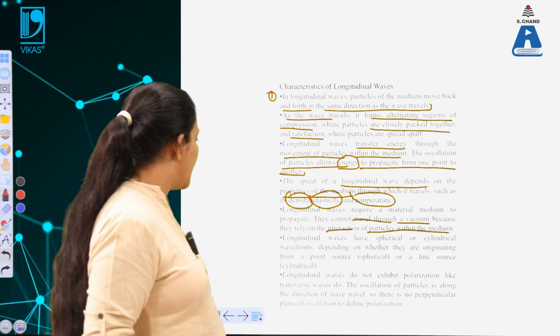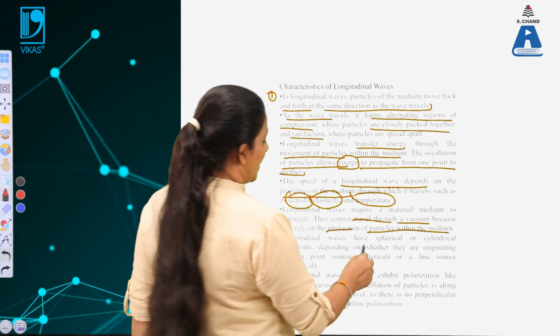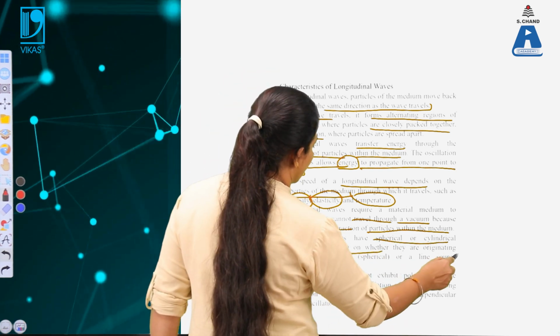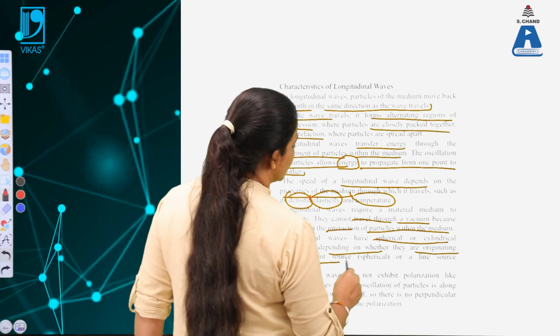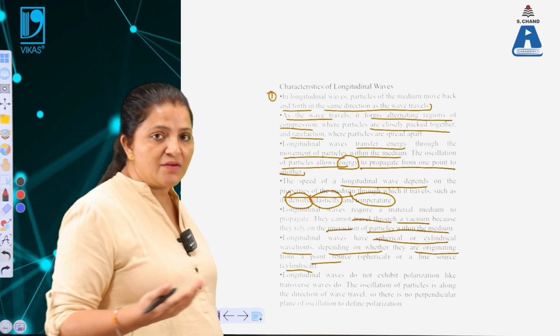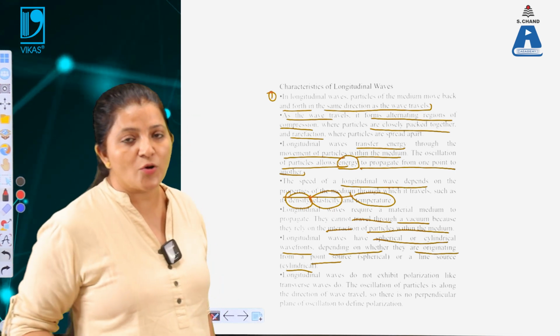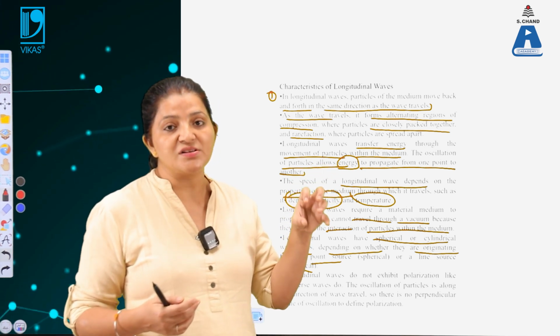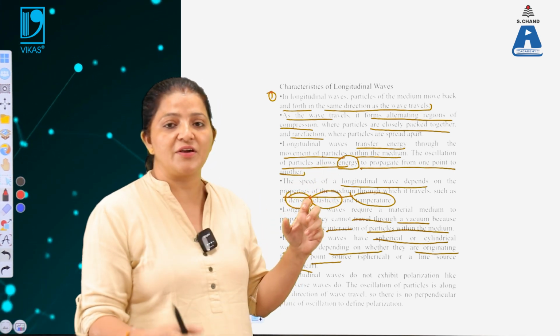Next, longitudinal waves have spherical or cylindrical wavefronts depending upon whether they originate from a point source or a cylindrical source. That is the same with light waves. For example, when the light originates from a bulb, which is a point source, we get a spherical wavefront.